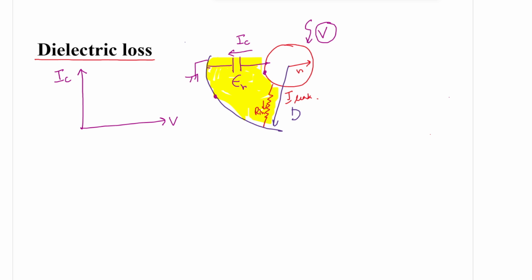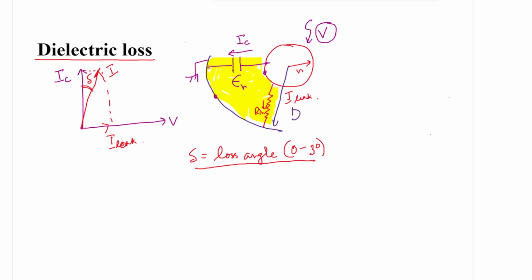This leakage current is in phase with V, so the resulting current flowing is this. This angle is called delta, the loss angle. It is typically in the range of 0 to 3 degrees, roughly.